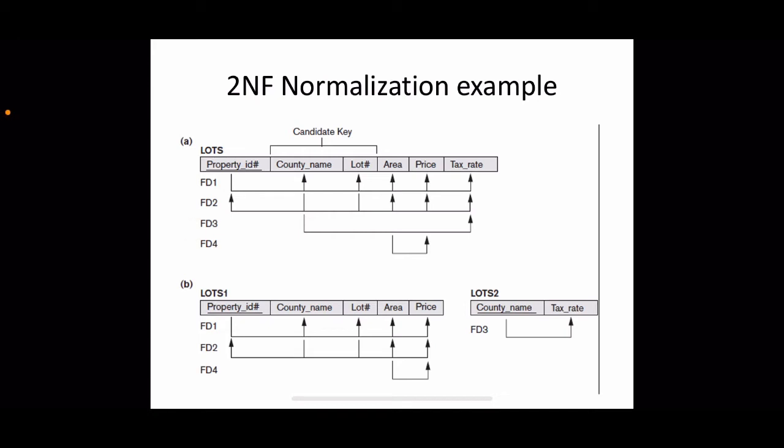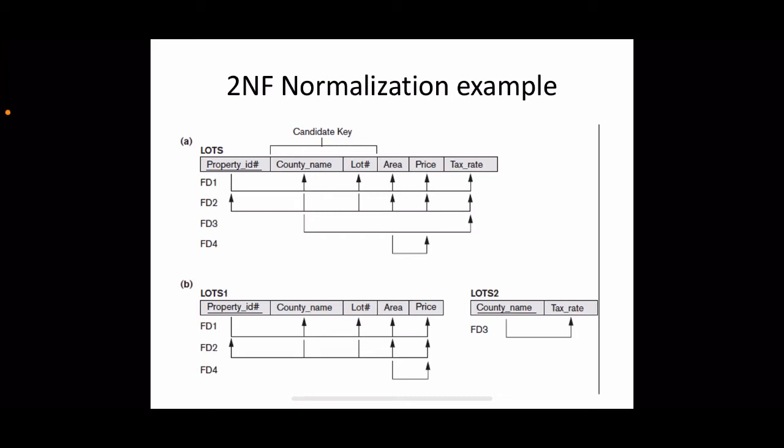FD3 states that the tax rate is fixed for a given county, which is why this functional dependency holds. FD4 states that the price of a lot is determined by its area regardless of which county it is in. So area determines price.